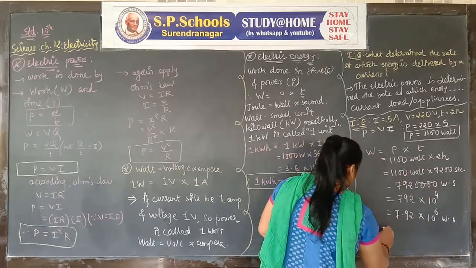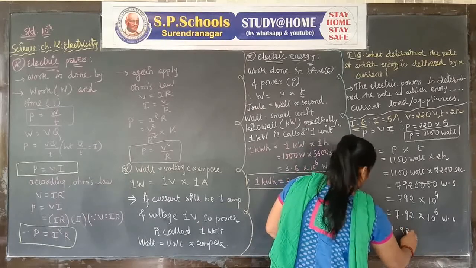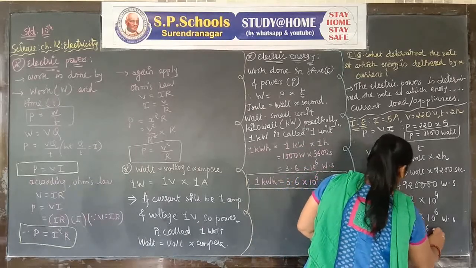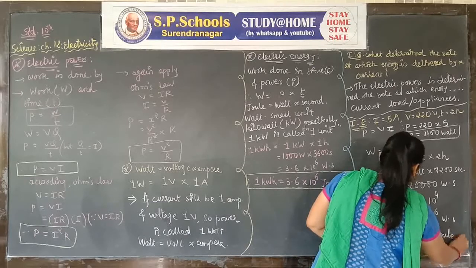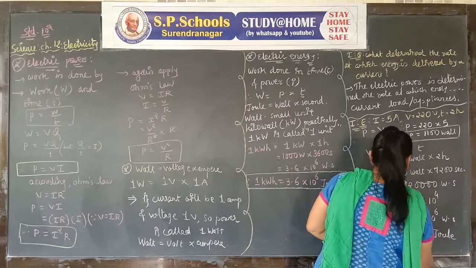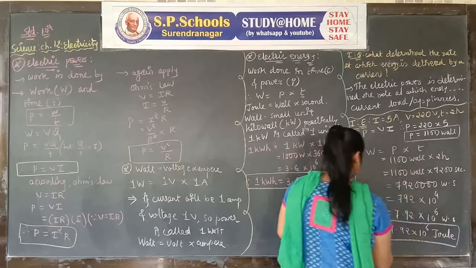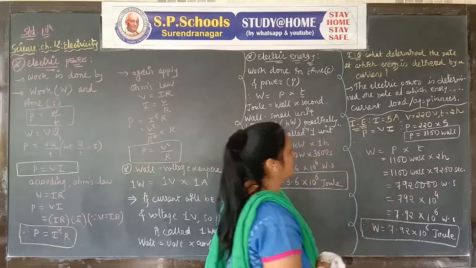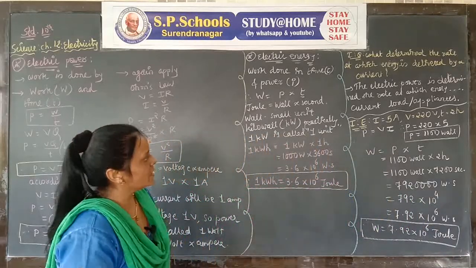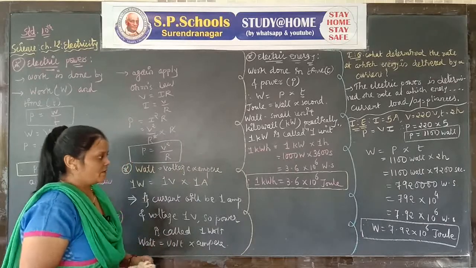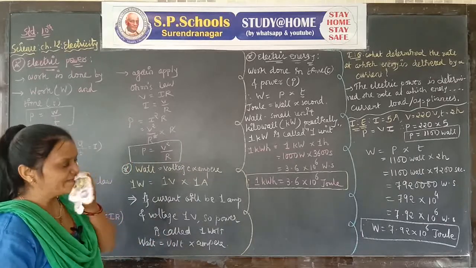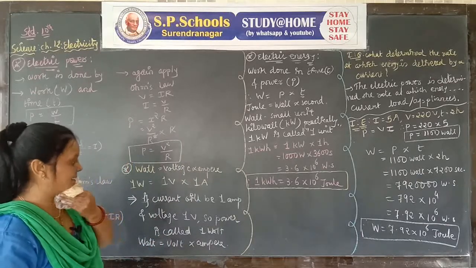So we get W is equal to 7.92 into 10 raised to 6 joule. So with the help of power and time, we find the amount of work done.